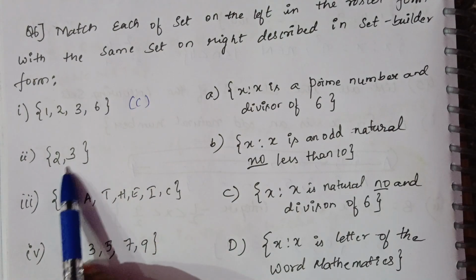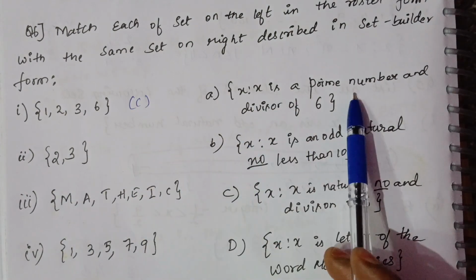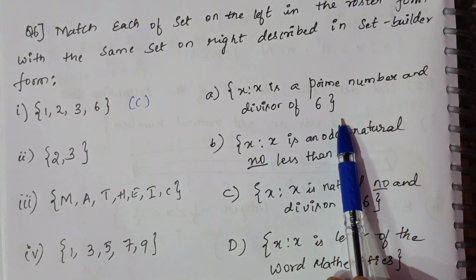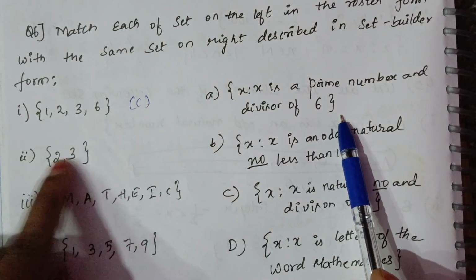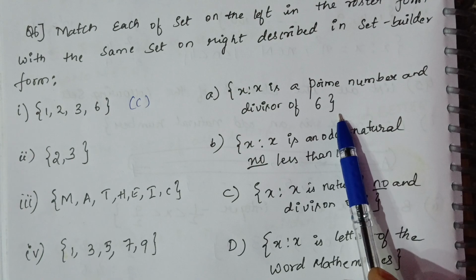Next, what is there? 2, 3. Here see, X is a prime number and divisor of 6. See here, divisors of 6, what did we get? 1, 2, 3 and 6. In this, 2 and 3 are prime numbers.